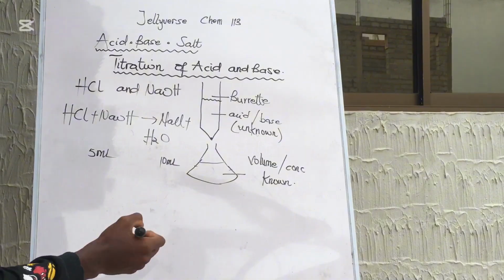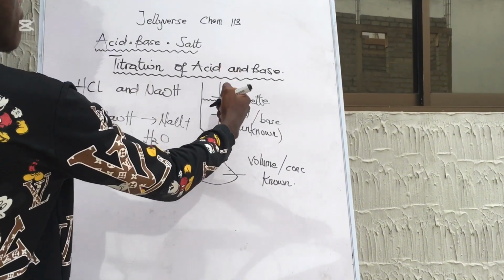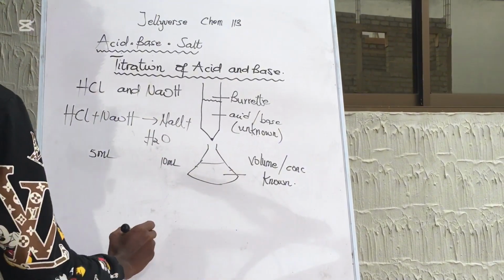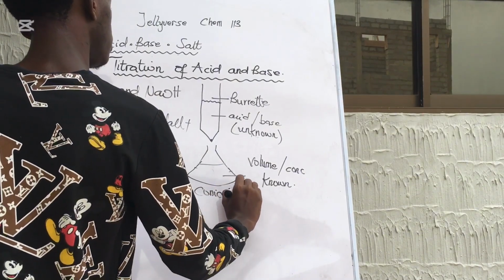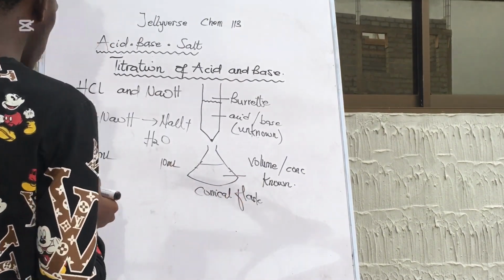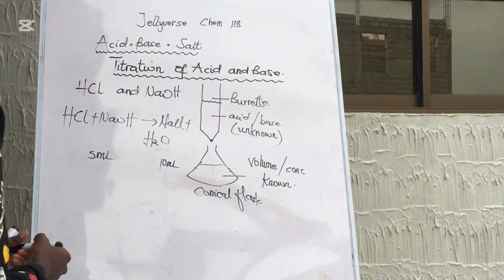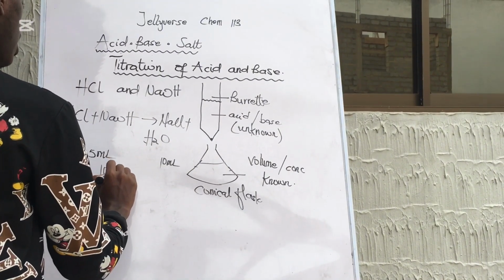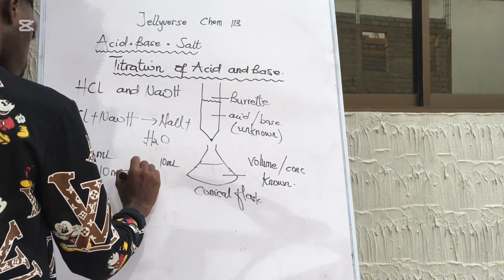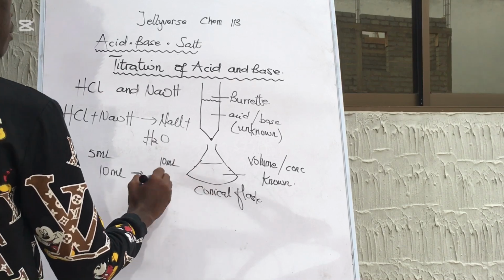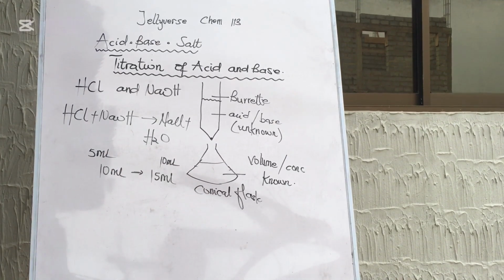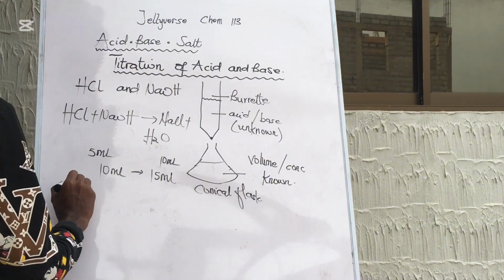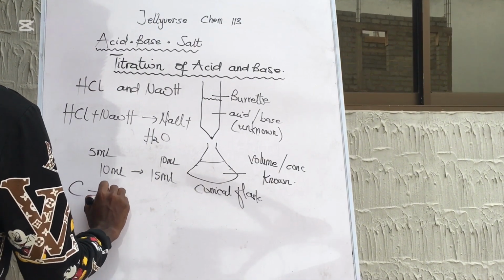Even though there's going to be a reaction, the volume of solution in the conical flask is going to increase from 10 ml to 10 plus 5 ml, which will give you 15 ml. So always keep in mind that when you are finding the concentration, the formula for concentration is the number of moles over volume.